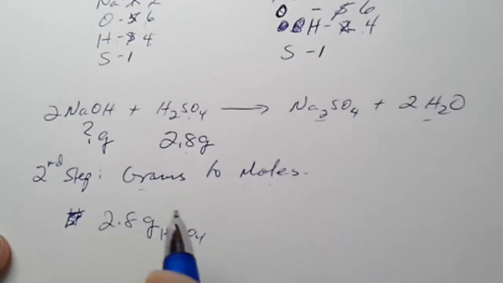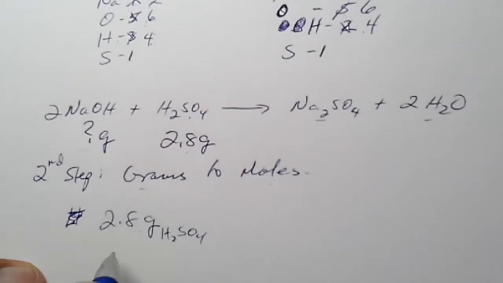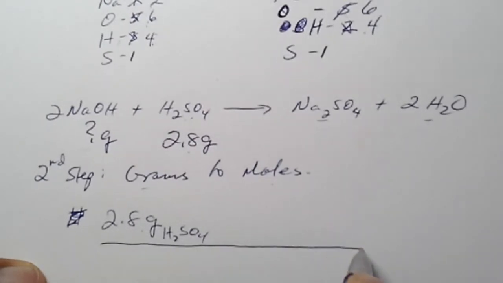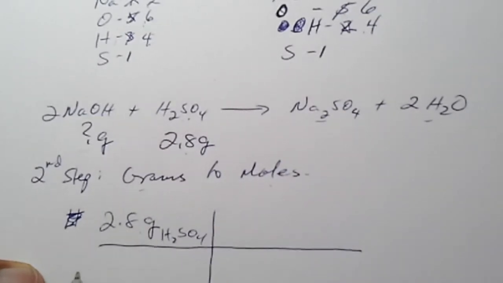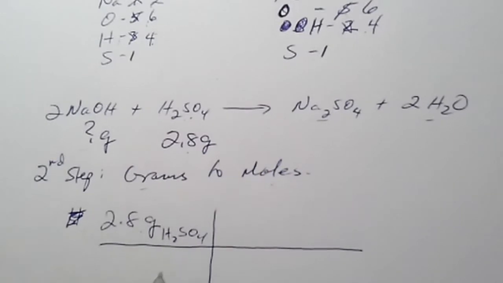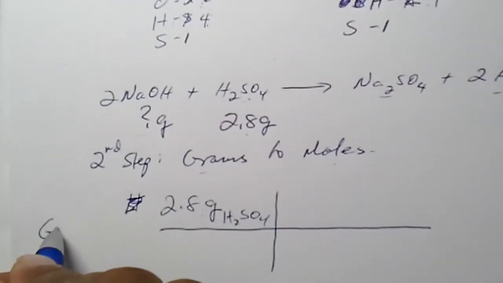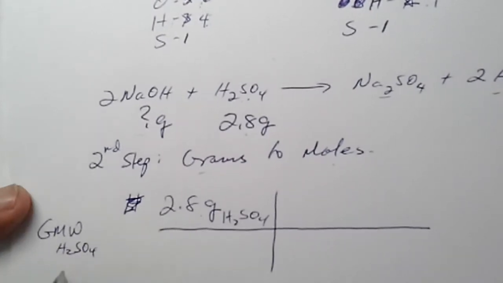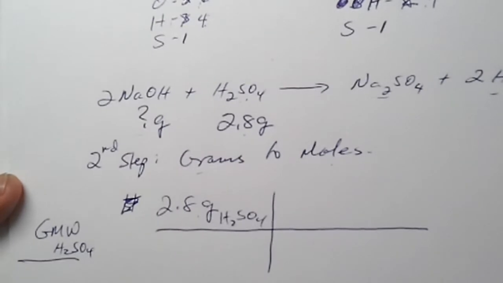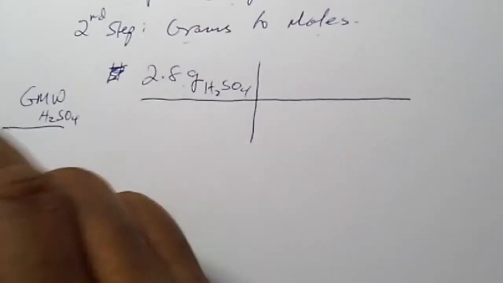We only do it in moles. So what do we do? Well, we want to set up our little grid here, because we're going to convert these grams into moles. So we're going to need the gram molecular weight of sulfuric acid. And where do we get that? We get that from our periodic table.